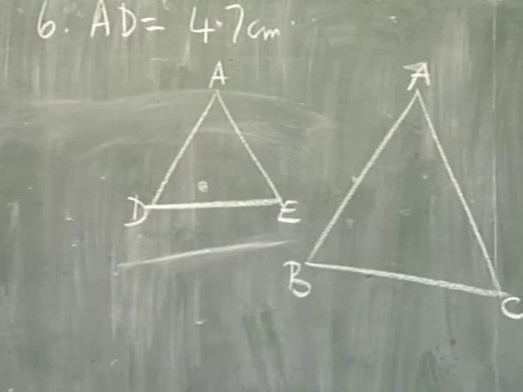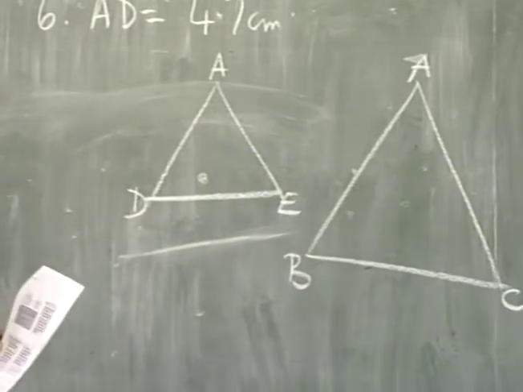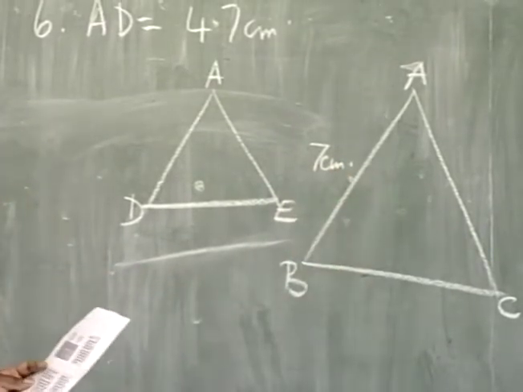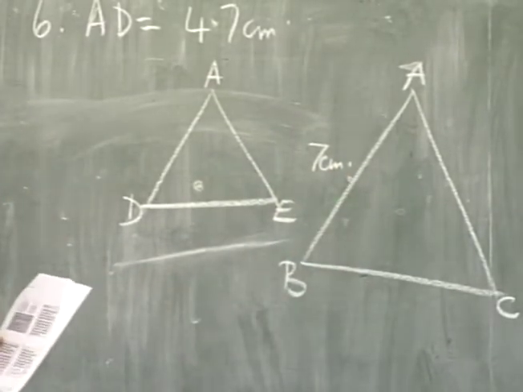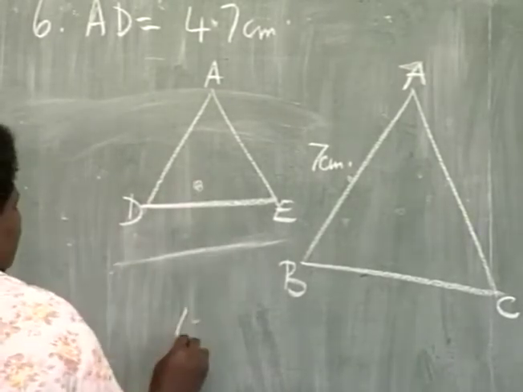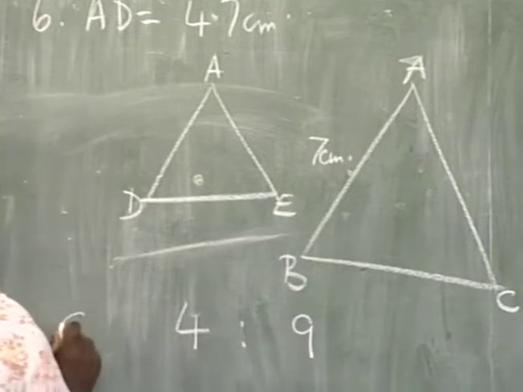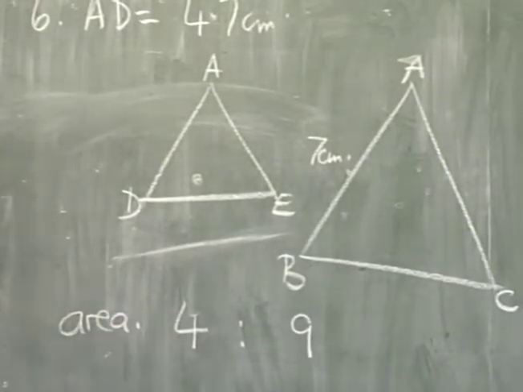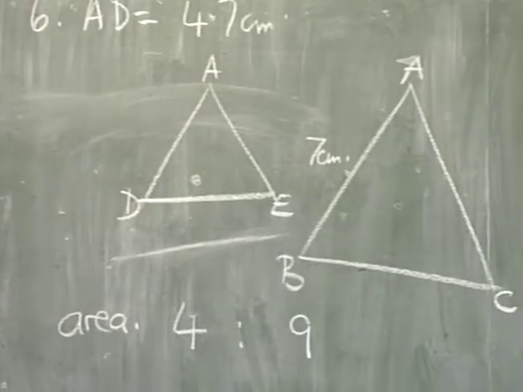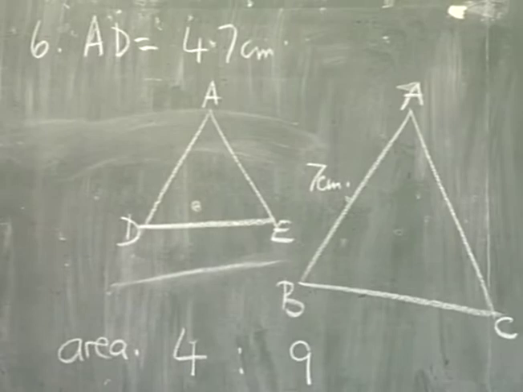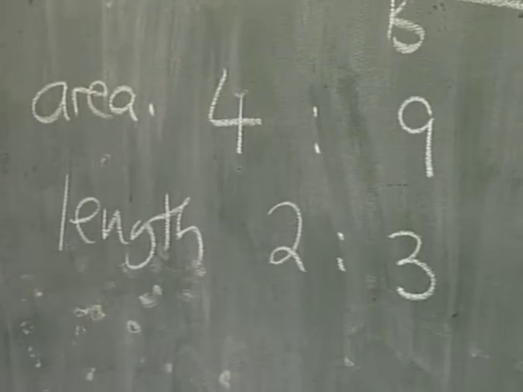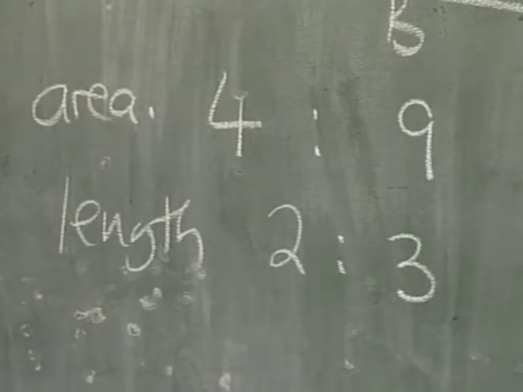You are told that AB is 7 centimeters, and the ratio of the areas of ADE to ABC is 4:9. So 4:9 is the ratio of the areas, which means the ratio of their lengths is going to be 2:3, which is the square root of 4 to the square root of 9.